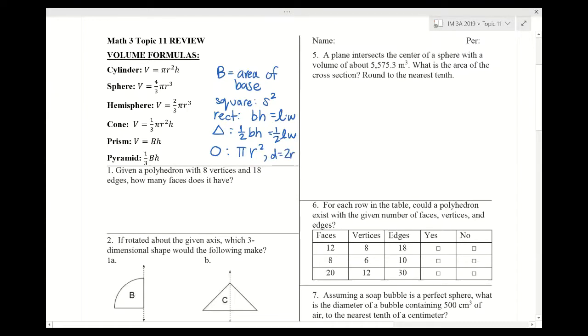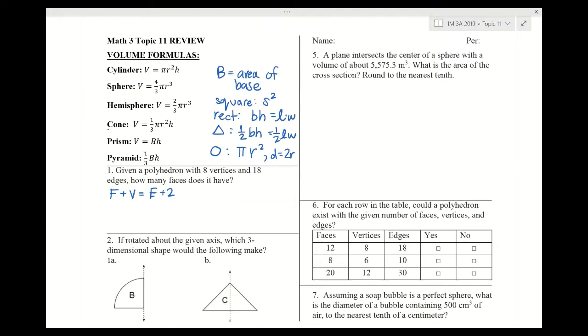And the formula we need for problem 1 is faces plus vertices equals edges plus 2. That's the same formula used in question 6. For your test, make sure you know how to find the capital B, the area of the base, for the prism and the pyramid, depending on what kind of prism or pyramid they're talking about in the problem.